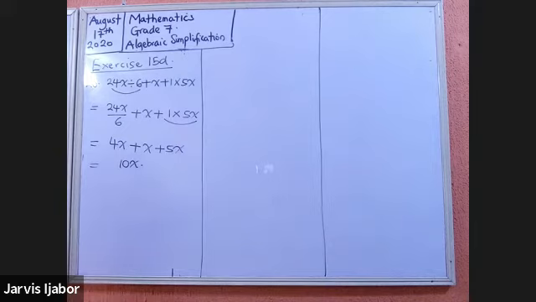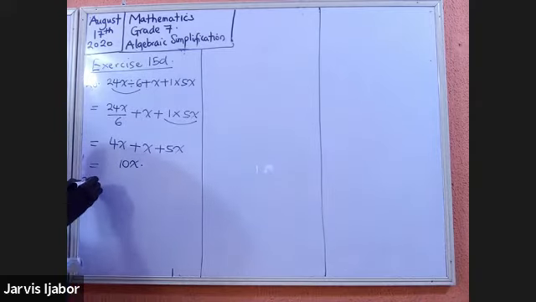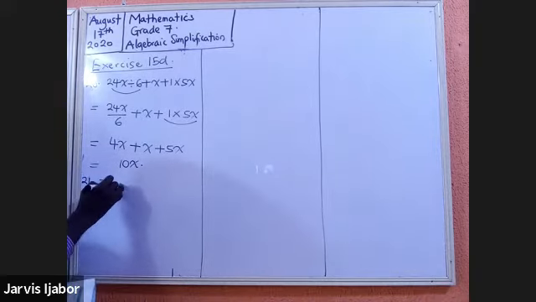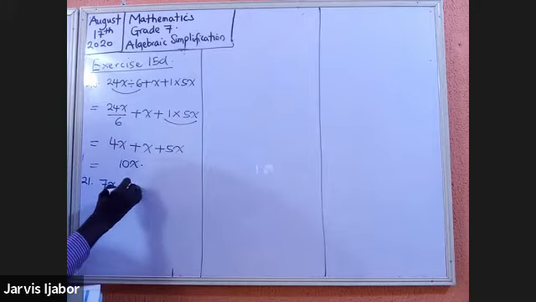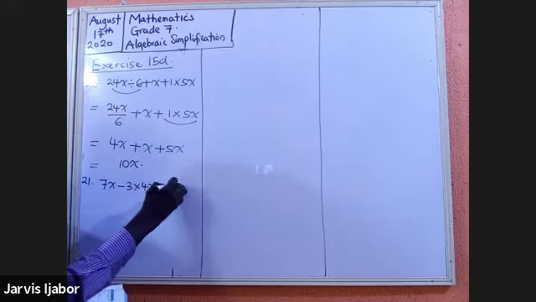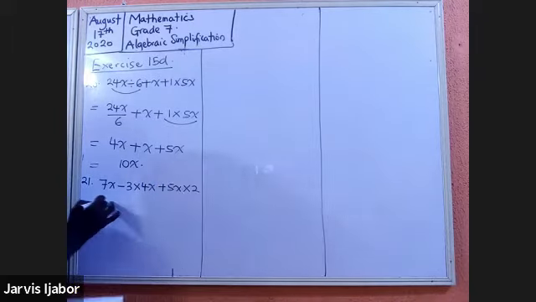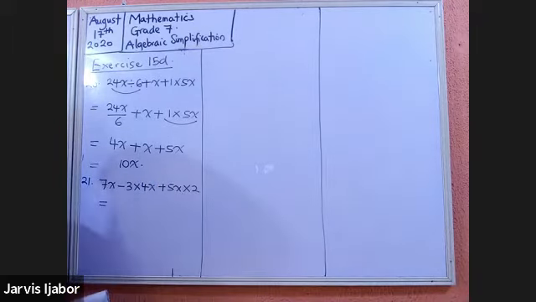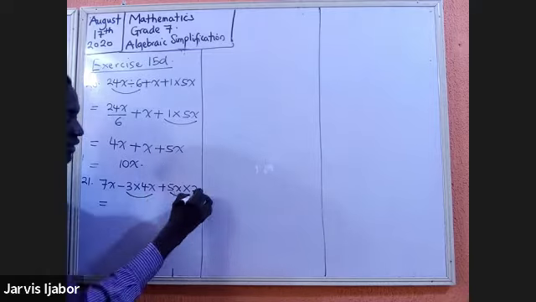So let's look at 21. In 21, we have 7x minus 3 times 4x plus 5x times 2, which will be equal to what? Now you treat the multiplications.